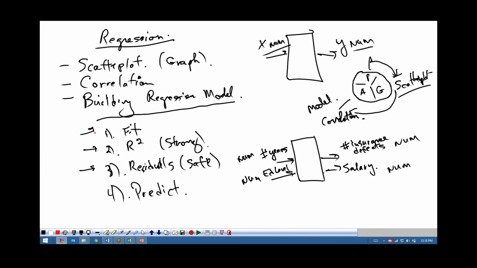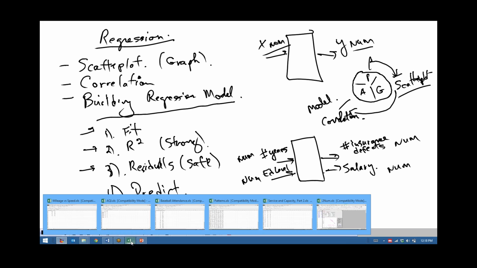Now, it's all going to seem silly when we only have two variables. But when we have multiple variables, we're going to start to see, oh, I can't just look at all this on a plot. I'm going to have to do a few extra things before I go ahead and do this. So that's why we're doing it the safe way. But we'll go ahead and do this for this example, for mileage versus speed.